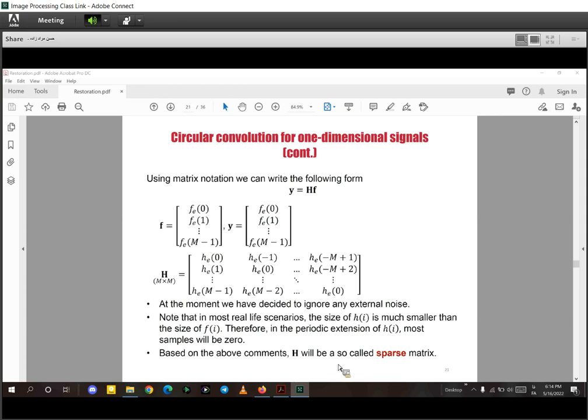Based on the above comments, H will be a sparse matrix.